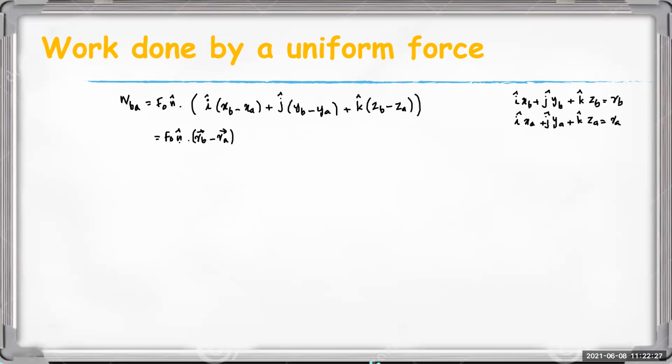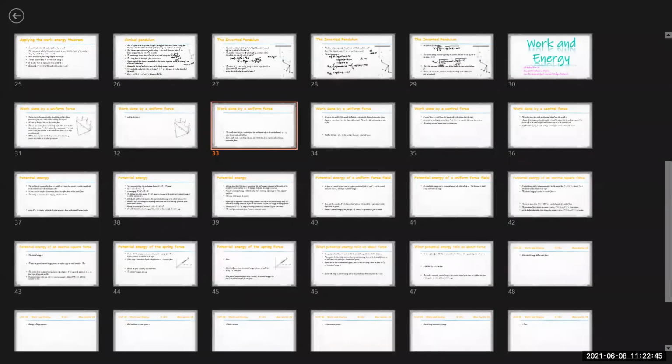Look at here, F0 n is some arbitrary vector, then n dot RB minus RA. Look at the figure in the previous slide.